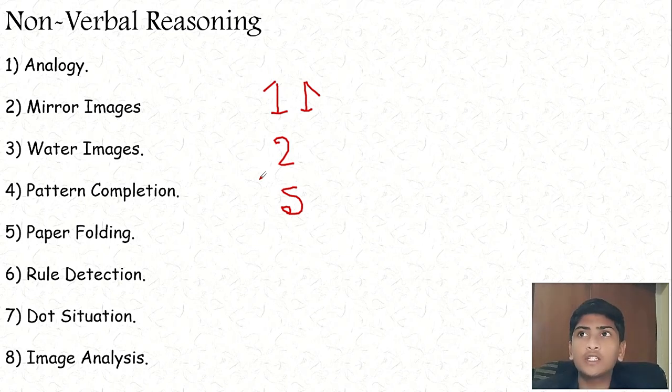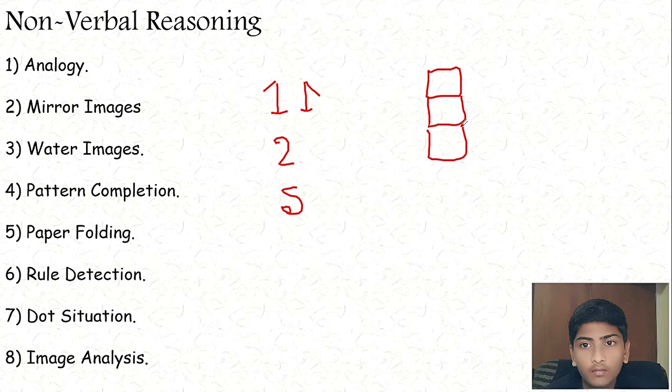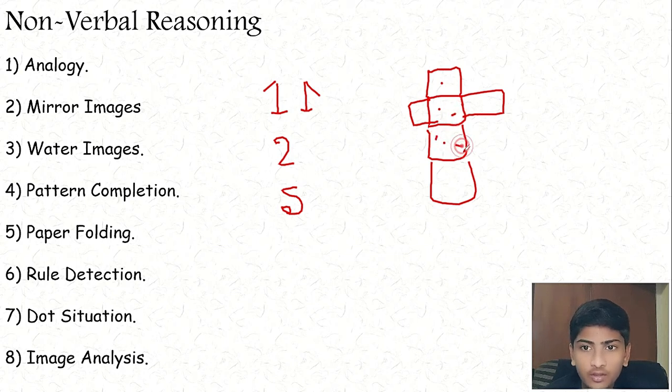Next, dot situation. Here they will be given like this: here 1, here 2 dots, here 3 dots, here 4 dots, 6 dots, here 5 dots.